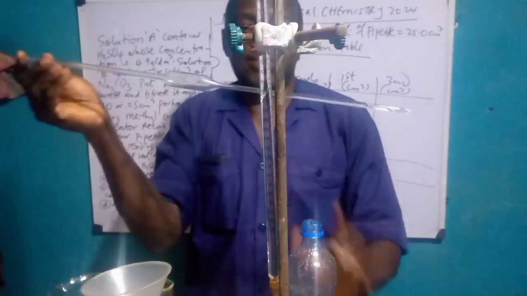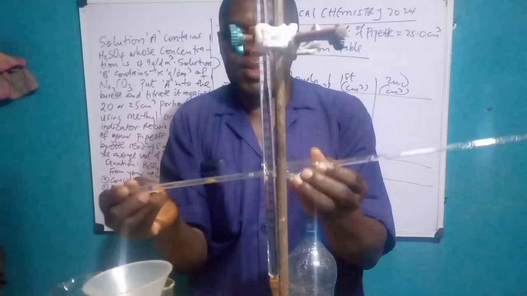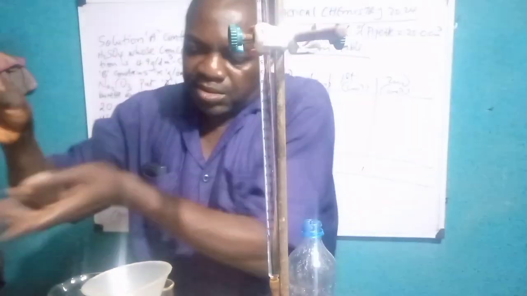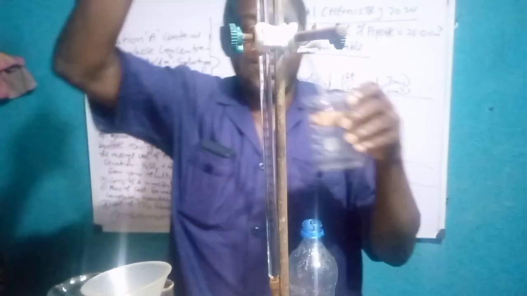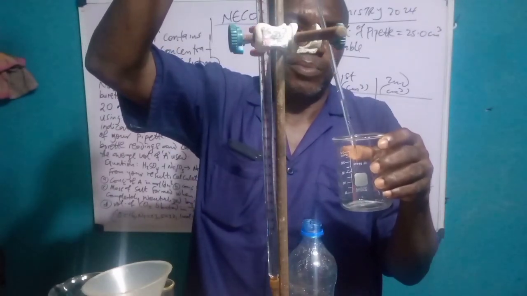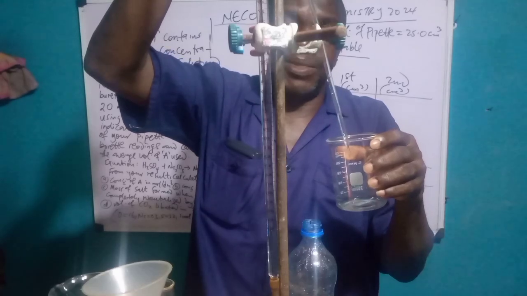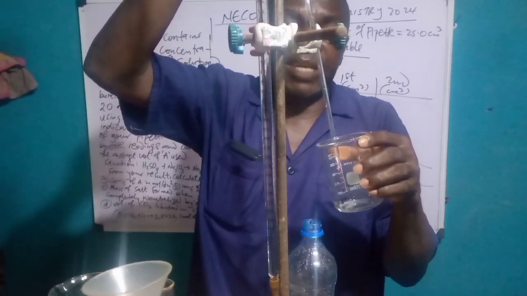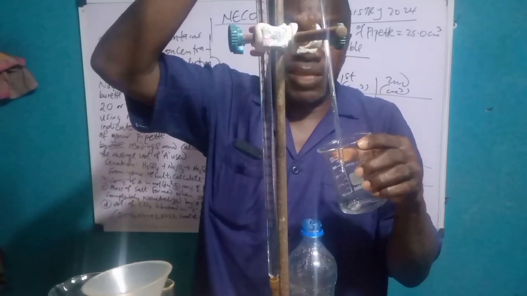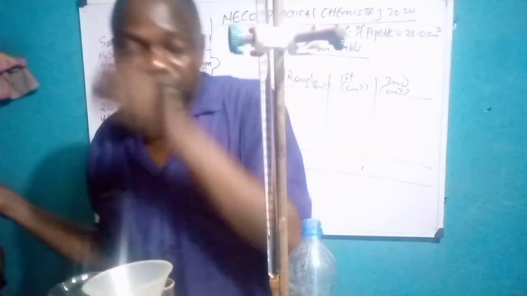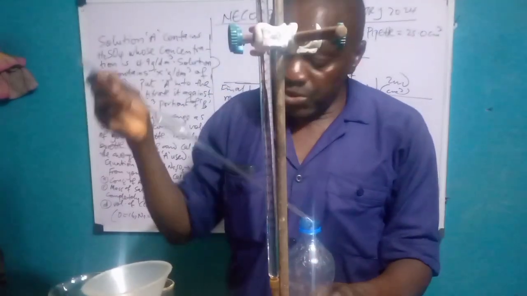You rinse it by the side, turn it, then discard it. I'm discarding everything here, so you can see it's pouring down. So this is how you rinse. But you rinse the burette just once, and the pipette just once. After this, only the conical flask will be rinsed with clean water, otherwise also called distilled water.